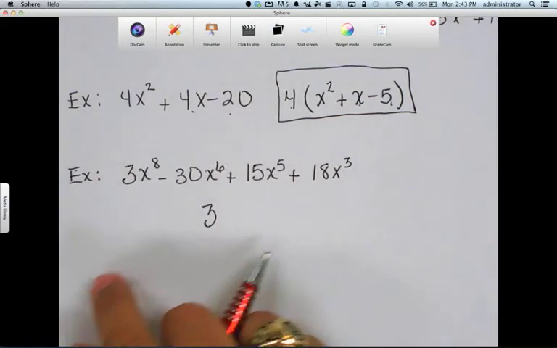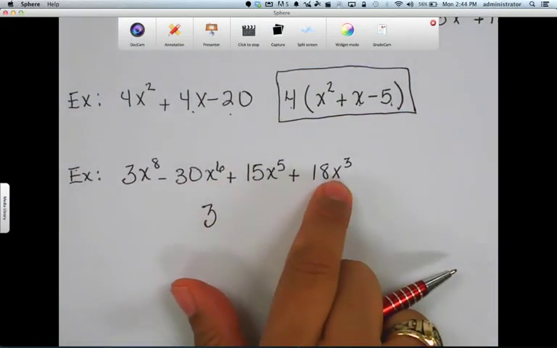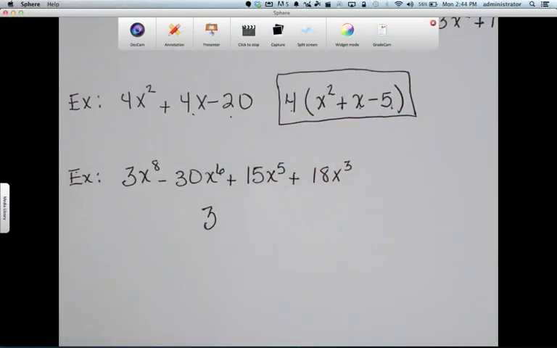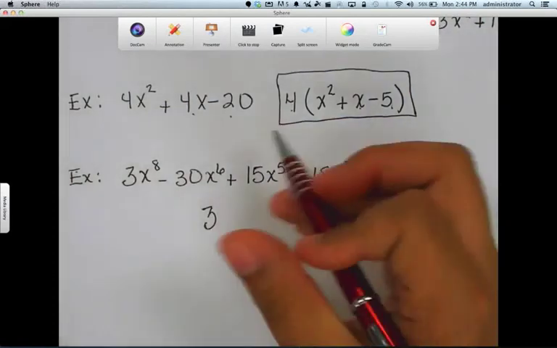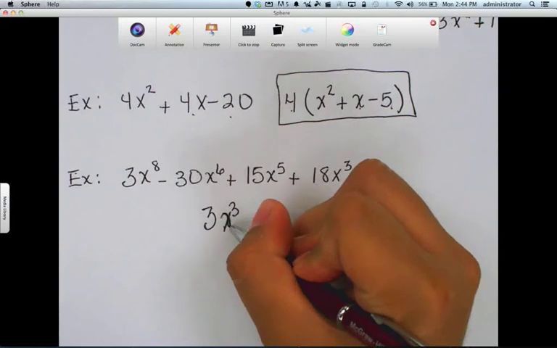Now I have x to the 8th and x to the 6th, x to the 5th and x to the 3rd. The greatest number that I can give up is how many? Take a guess. If you said x cubed, then you're correct. That is the least I can give up, and in this case makes that the greatest common factor. So let's write that out. 3x cubed.